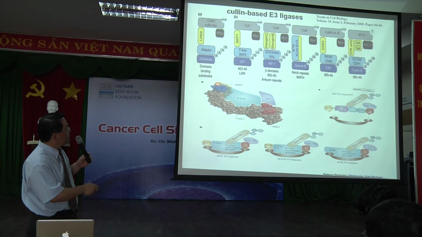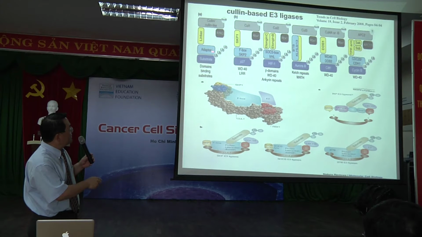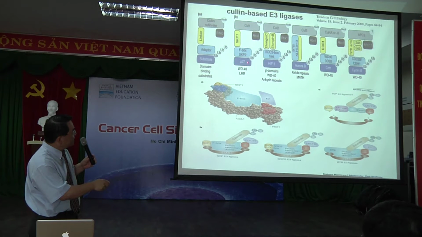It's very similar to what you see here: the linker SKP1, adapter, F-box protein, and the substrate is this one here. And with the NEDD8 modification on the Cullin, it's required for Cullin-1 to cause the downregulation of a certain substrate. So here again showing the CUL1 complex, using SKP2 as the F-box protein to recognize p27 for ubiquitination and degradation.